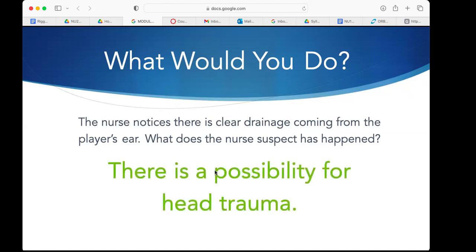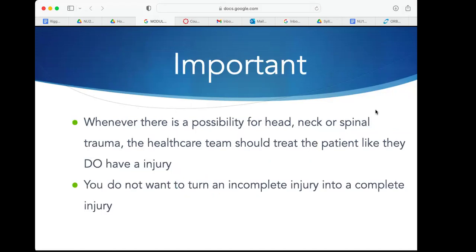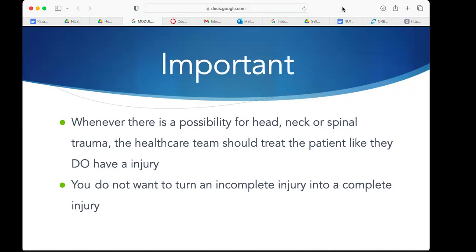So what you have to do is understand that there's a possibility for head trauma. Whenever there is a possibility for head, neck, or spinal trauma, you have to treat the patient like they do have it.